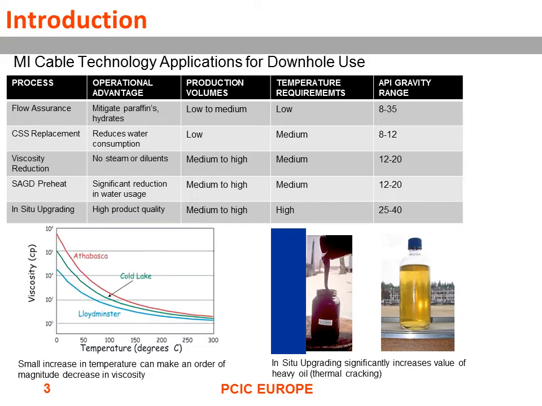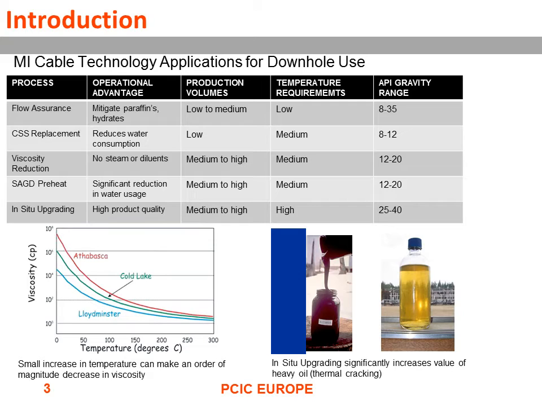Then there's also a replacement or a preheating for SAGD, steam-assisted gravity drainage. Sometimes there's used up to 7 barrels of water for every barrel of oil that's produced. If you preheat the well or even use it as the major heating source, you can reduce that to less than 3 barrels or down to 0 barrels. And the final application is a really high temperature requirement.